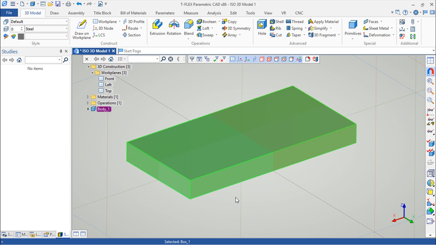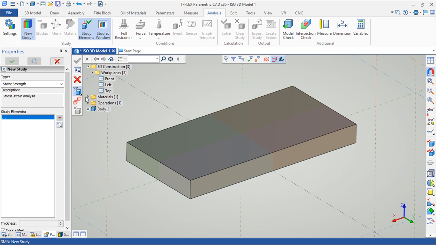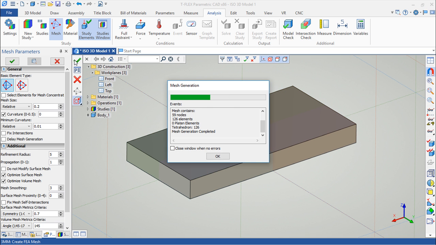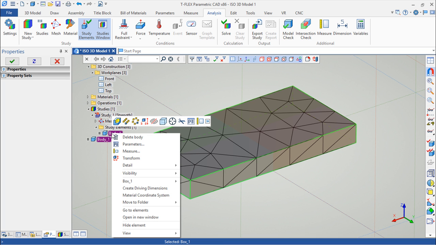And when we make a study, so we can create a study, we can say, okay, I want this body. I'm doing something about the mesh that for the moment is not very important. And when we have these study elements, if we open, we can do this material coordinate system.